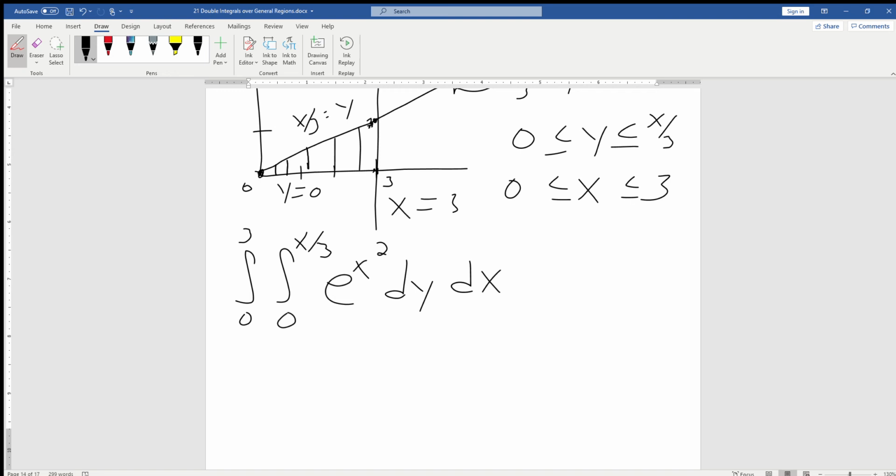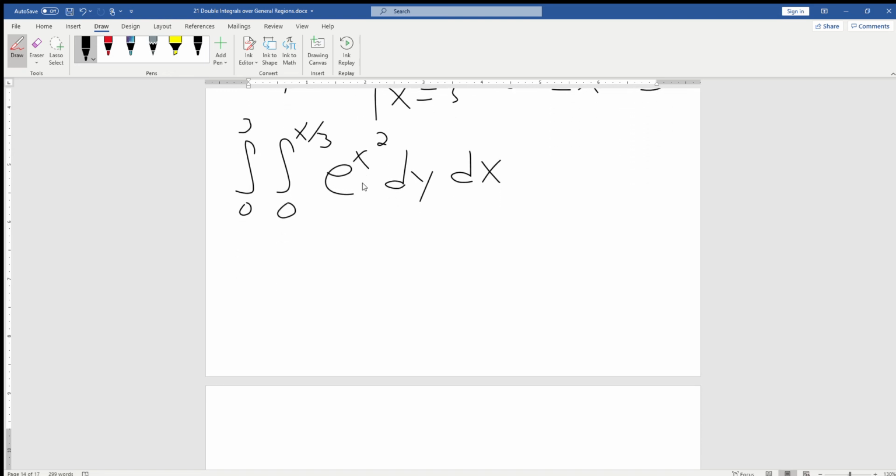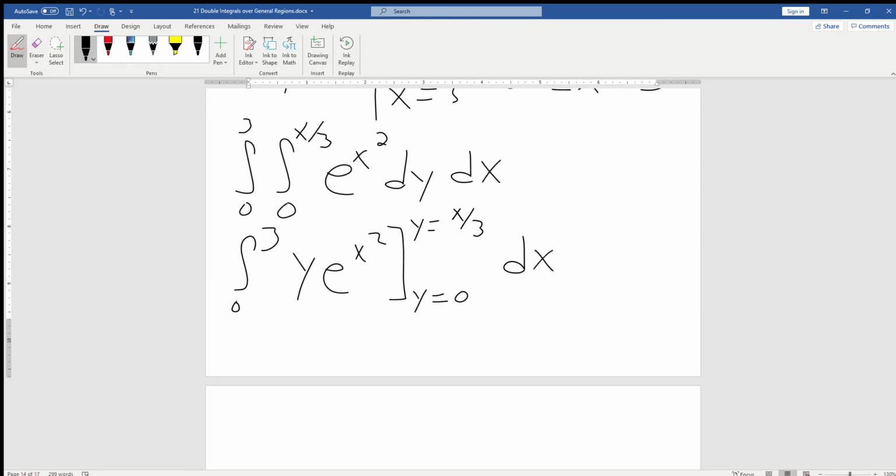Clearly, what we can do at this point is go through and just evaluate the double integral. Because there is no y in the original integrand, we could just rewrite this as the integral from 0 to 3 of y e to the x squared, and y is going to range from 0 to x over 3, with dx.